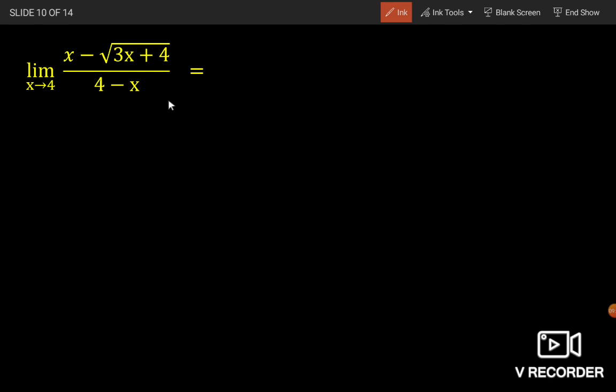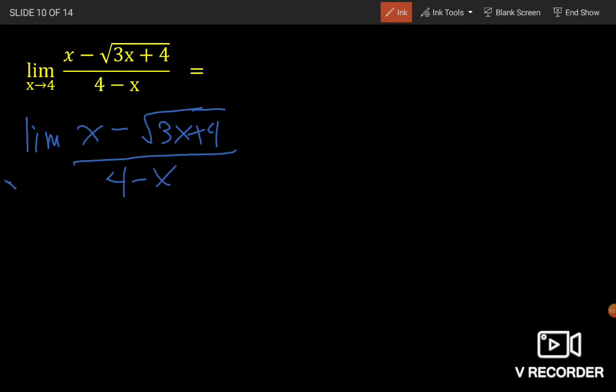Remember, a squared minus b squared, the difference of two squares, is equal to the product of two binomials, a plus b multiplied by a minus b. So we do the same technique here. Let's write it now. The limit of x minus square root of 3x plus 4 all over 4 minus x as x approaches 4.